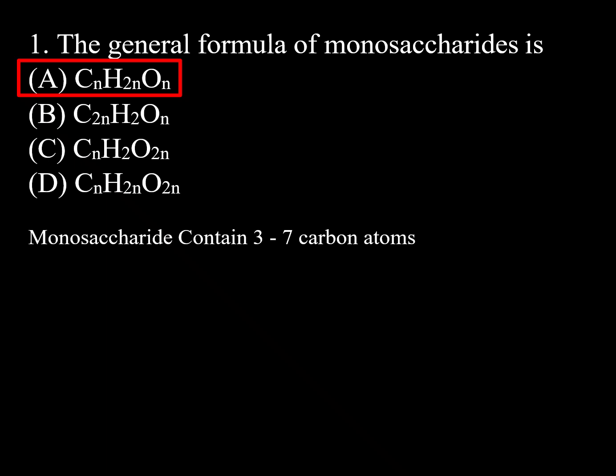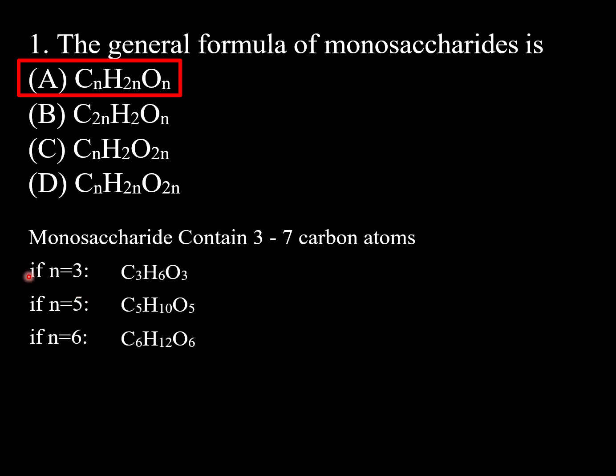If the number of carbon atoms present in the monosaccharide is 3, and we put 3 in place of N in this general formula, it will be C3, then 2 into 3 is 6, H6, and O3.